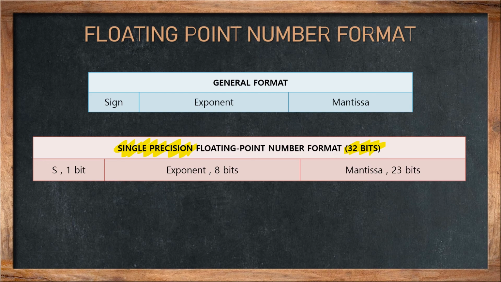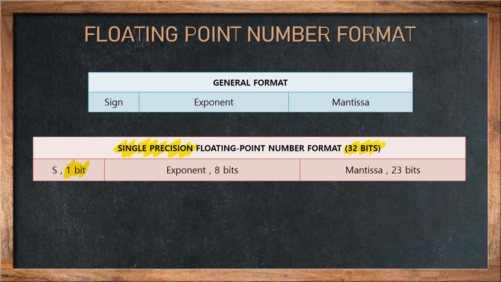How to store a single precision or 32 bit floating point number inside the system? How many total bits do I have? I have a total of 32 bits. From the 32 bits, use 1 bit for the sign, means 1 bit only will be the sign bit.